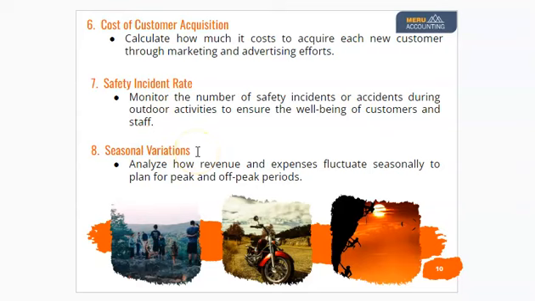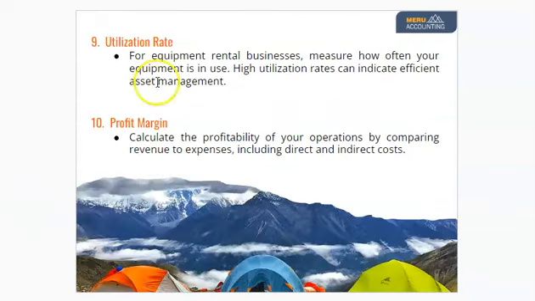Seasonal variation. This indicator will measure and analyze how revenue and expenses fluctuate seasonally to plan for your peak and off-peak periods. Like in the summers, many people go to Kasol or Ladakh, so this will be the peak season, and some can be off-peak season. Like in rainy days, most people don't go out.